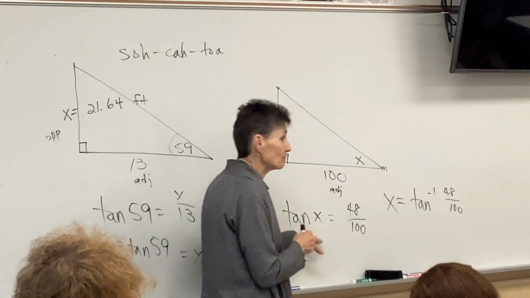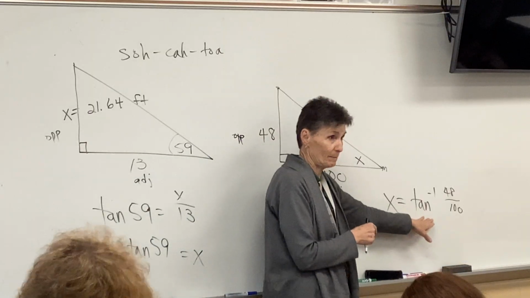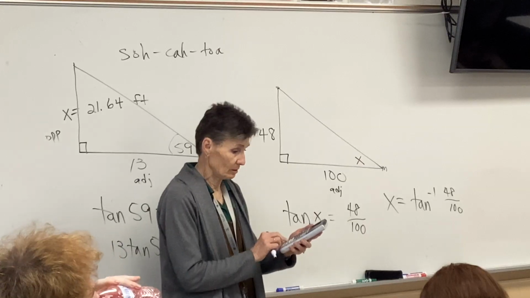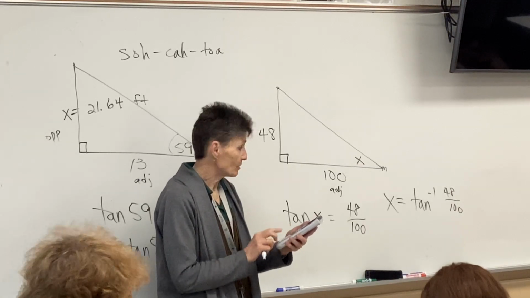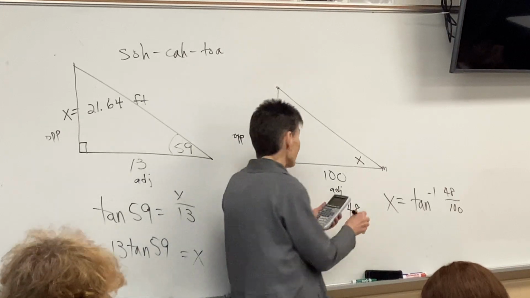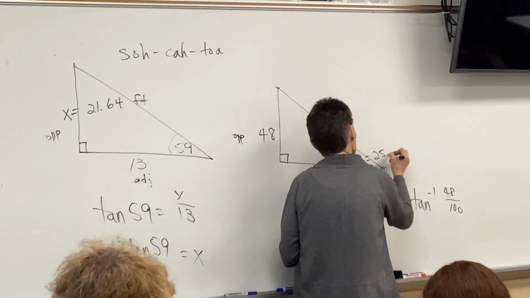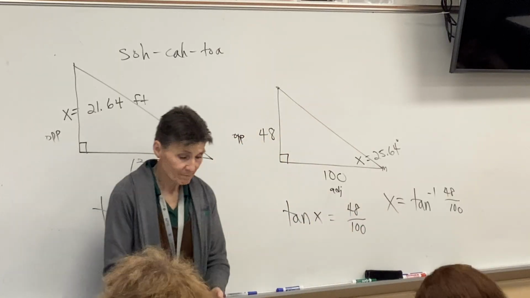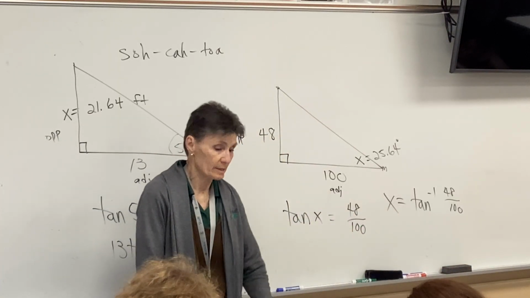Here, I have to use my second tangent button because that's how I find an angle. So second tangent, 48 divided by 100. I got 25.64 degrees. That angle is 25.64 degrees.